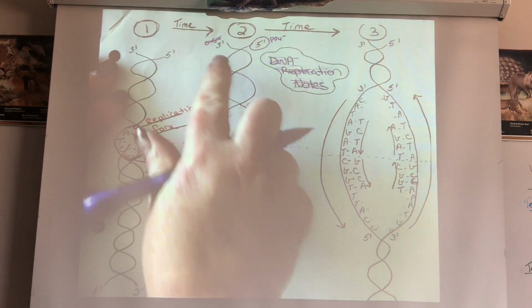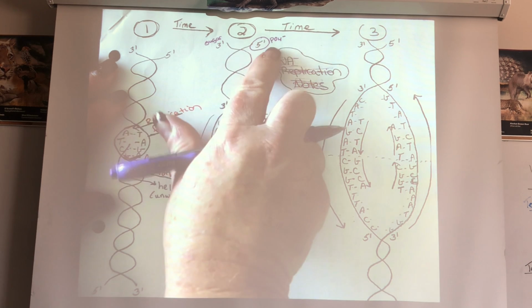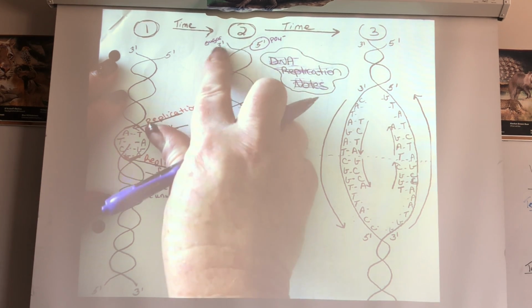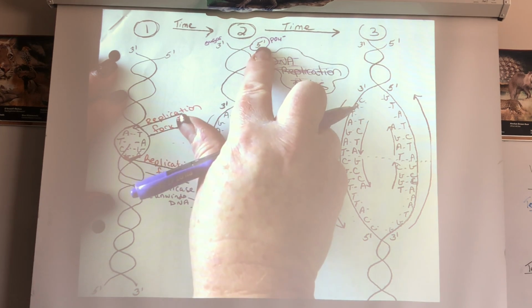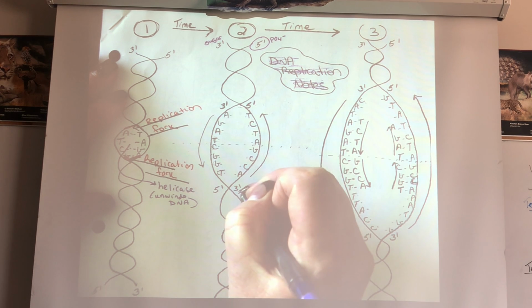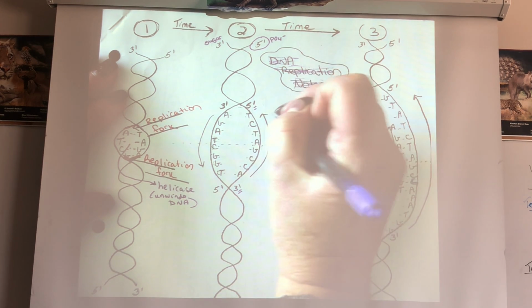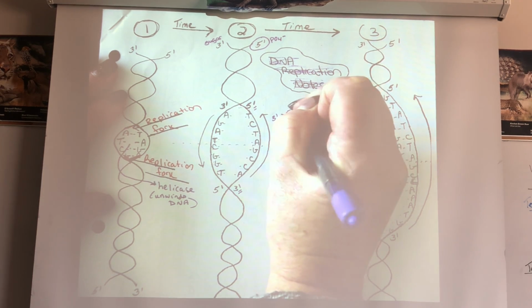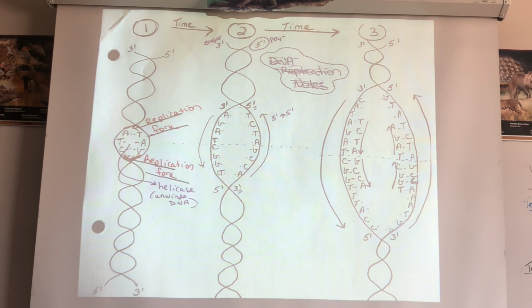You don't even need to know that, but you do need to know that the left side, so to speak, of the DNA is slightly different structurally than the right side. And enzymes always read DNA in a 3' to 5' direction. So 3' to 5' is how this little enzyme is going to read it.